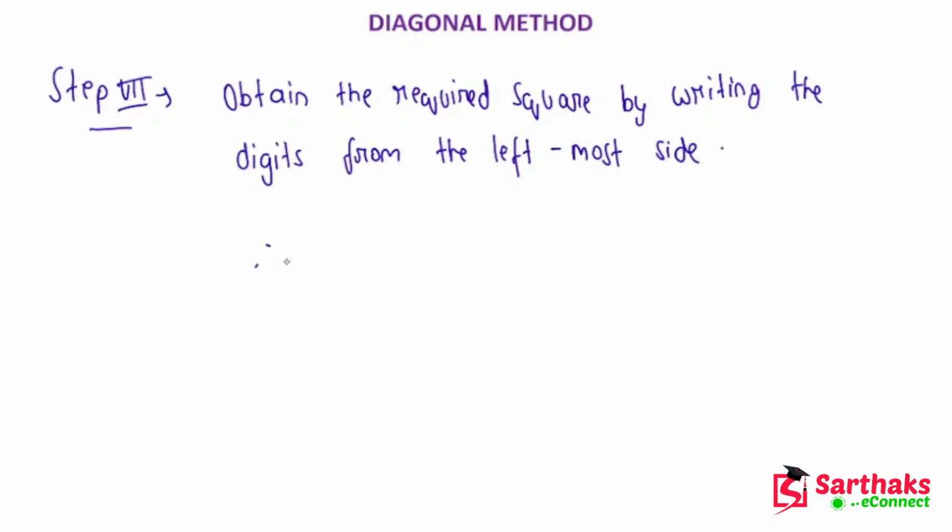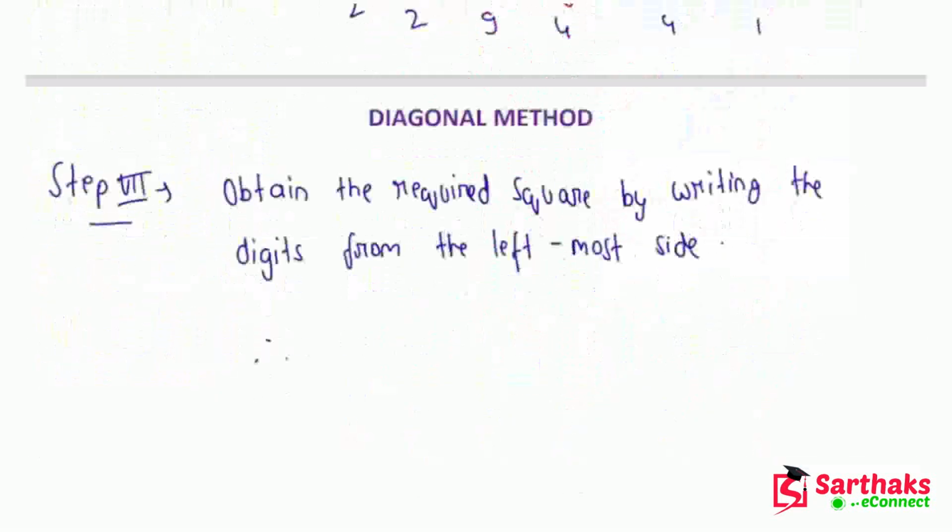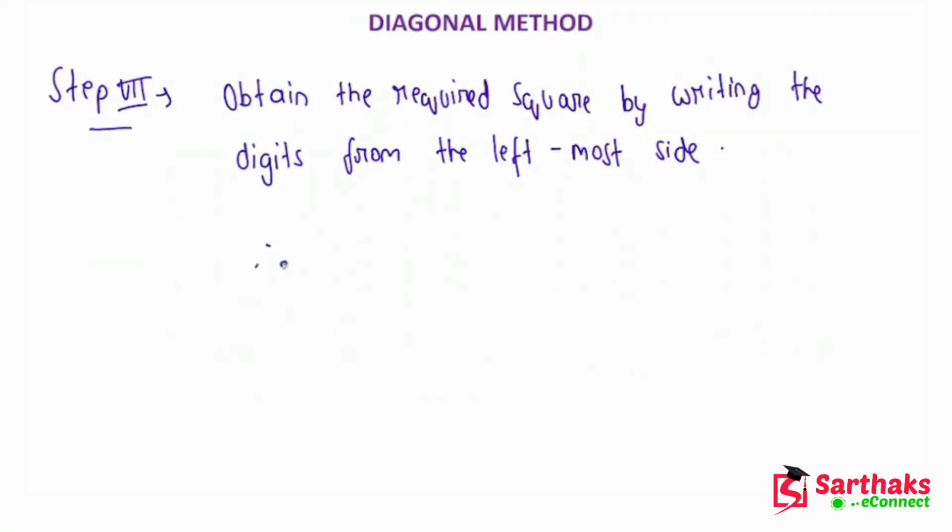Right. Therefore, if you can see leftmost side, the square is 229441. Right. So you can very well say, therefore 479 whole square comes out to be 229441, right? So now you can practice more questions on this particular method and then you will find it very helpful.